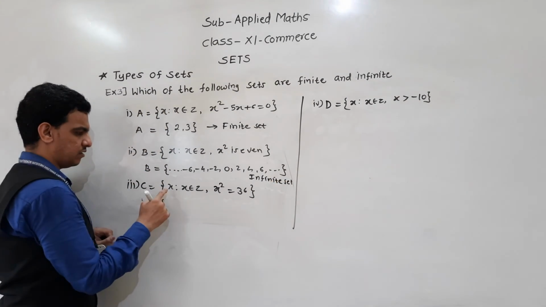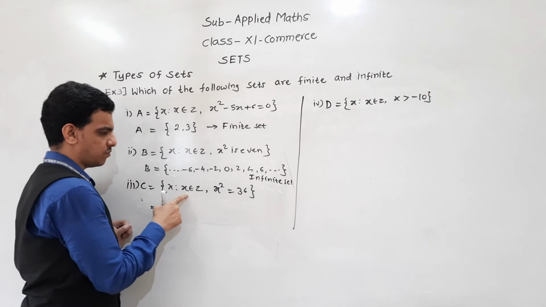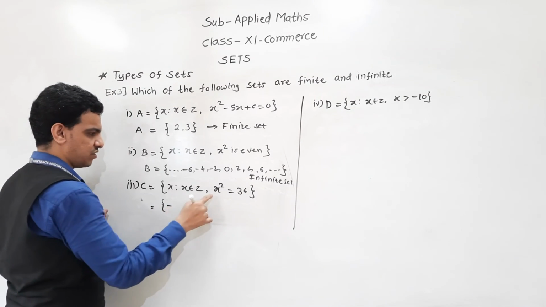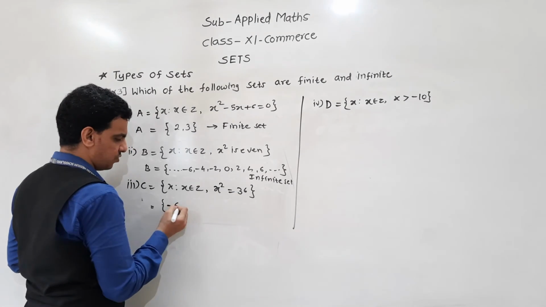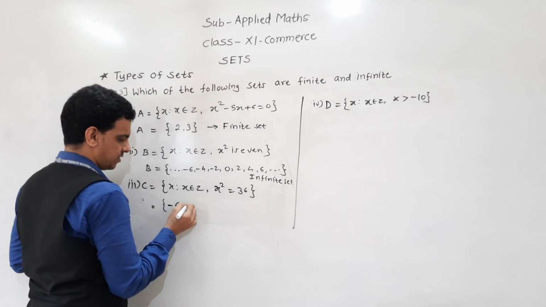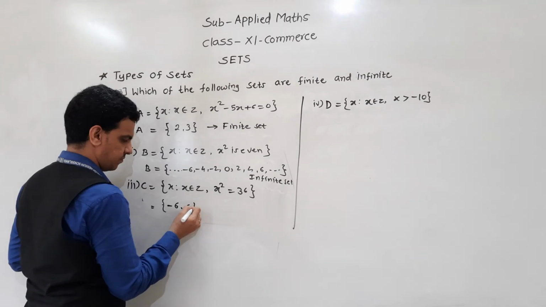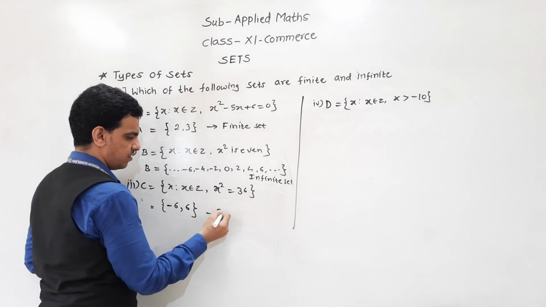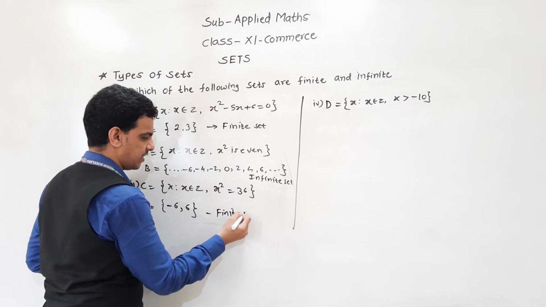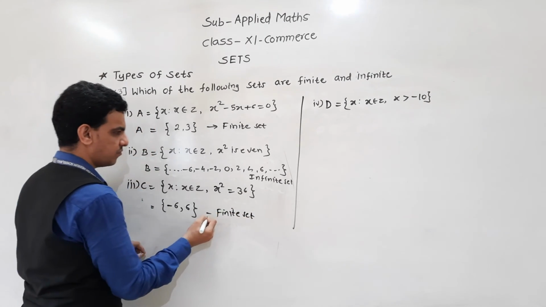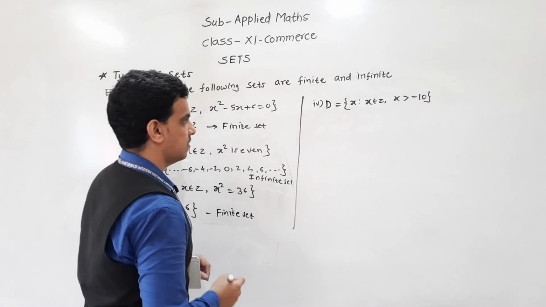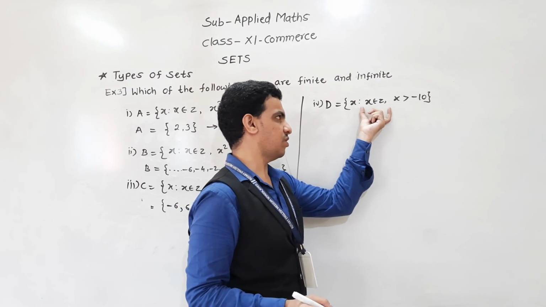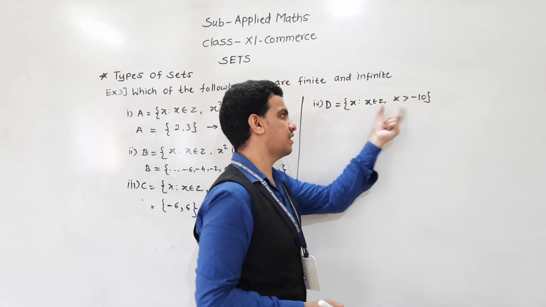Then C is the collection of all x belonging to Z such that x square is equal to 36. We know that if x square is equal to 36, x is equal to minus 6 or plus 6. So this is a finite set, only two elements are there. So C is a finite set. Then D is the set of all x belonging to Z such that x is greater than minus 10.